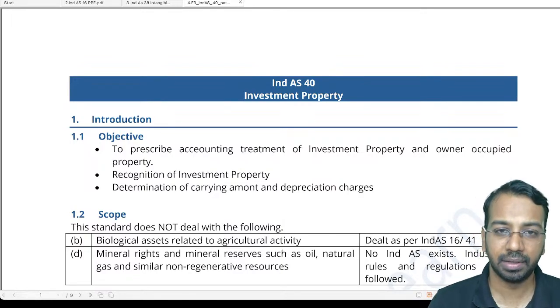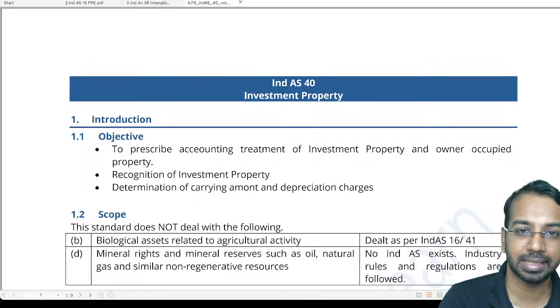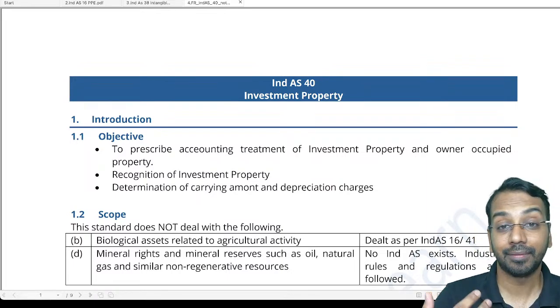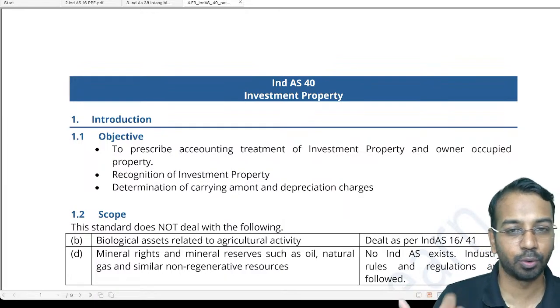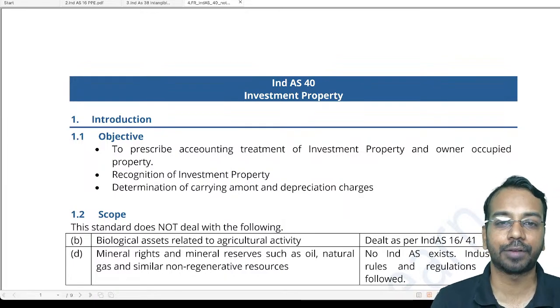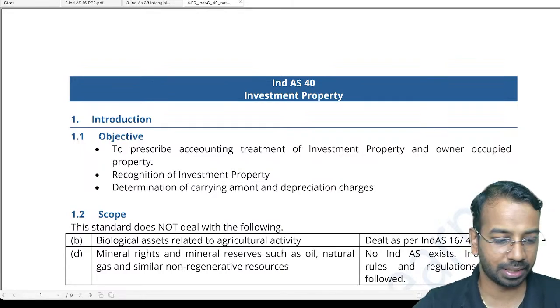The way we treat revaluation in Ind AS 16 and Ind AS 38 is the same. The way we treat exchanges is also the same. Definitions, a lot of aspects are common. That is the reason why we are taking up these standards simultaneously, right?